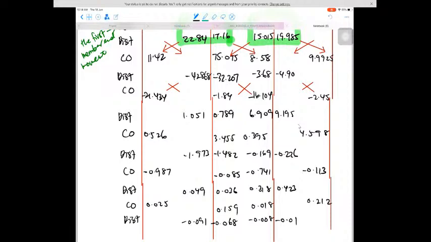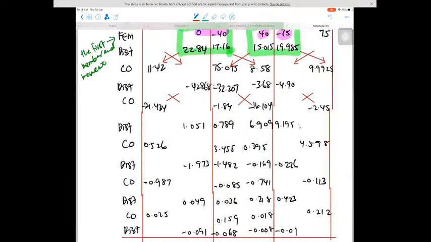Okay, so we will total all this moment value. Actually, for the moment distribution method, the easiest way to analyze the beam or the frame is by using Excel. This is just to show you the process.